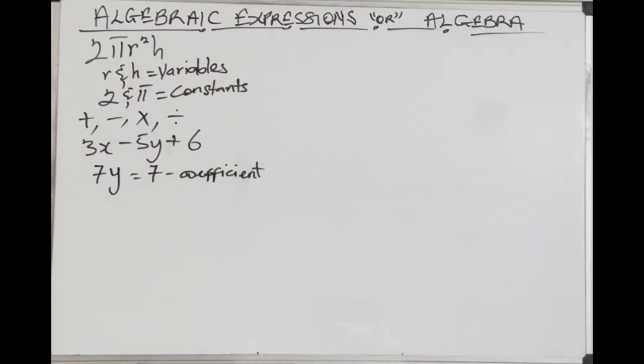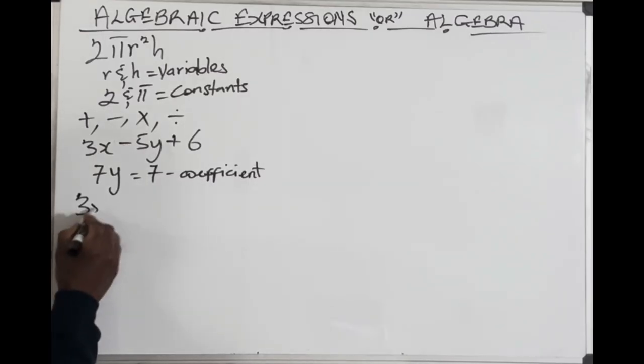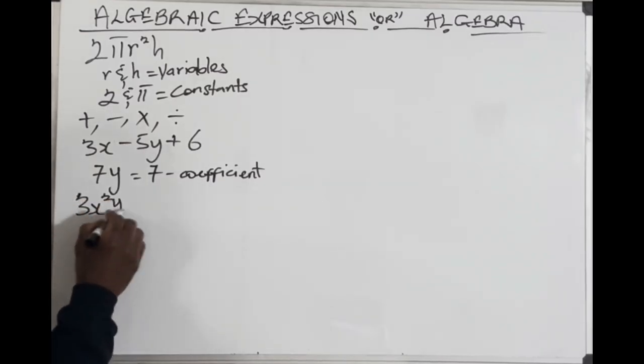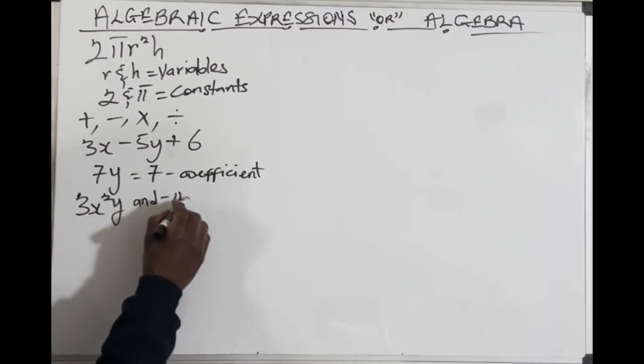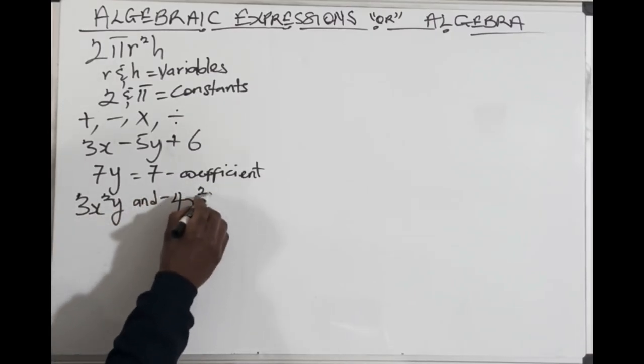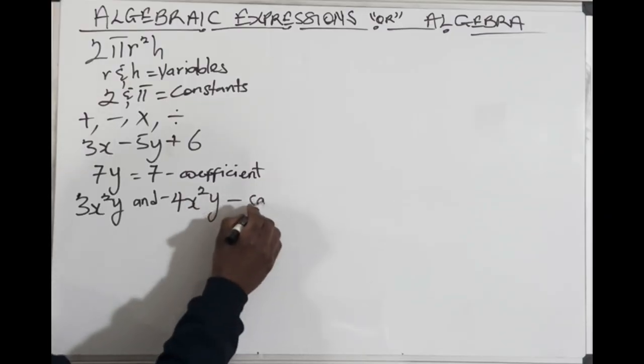Okay. So in like terms, the letters and powers of each letter must be the same. So for example, 3s squared y and then minus 4s squared y are the same.